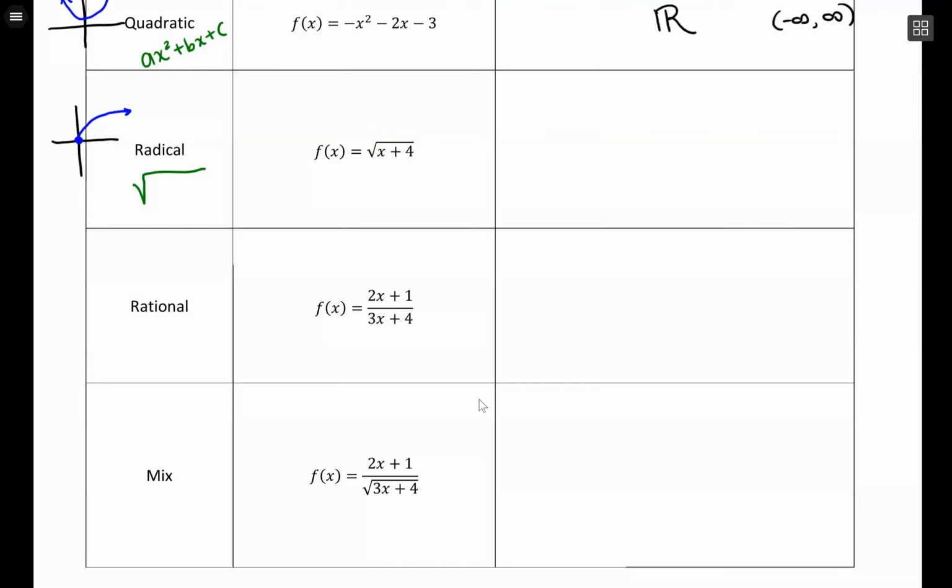And this comes from the fact, and I'll put a little side note here, that when we take the square root of some number, I'm going to put in red whatever's underneath there. I'm limited because what's in red there can't be negative. I can't plug in negative numbers underneath the square root.